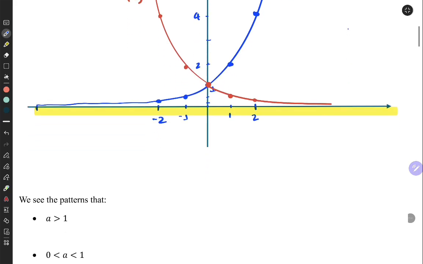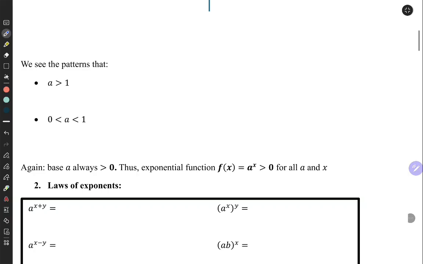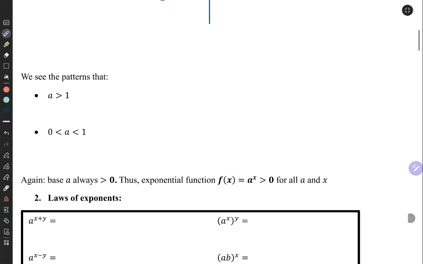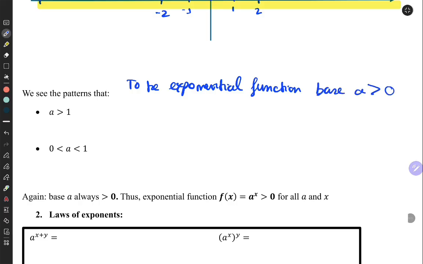All right. Next, we see the pattern. What do we see when a is greater than 0, when a is less than 0, between 0 and 1? Remember, for an exponential function, the base a has to be positive first.